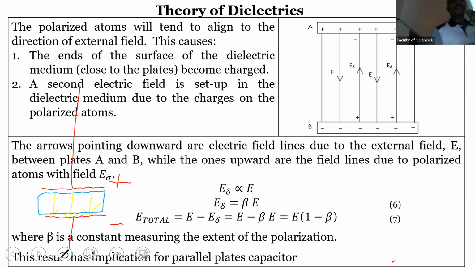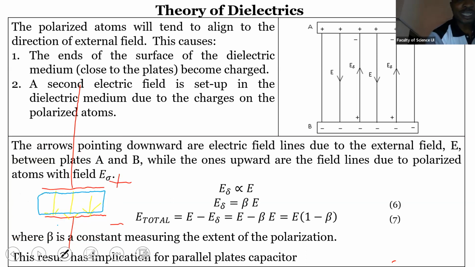You will expect the negative charges to move upwards, making the base of that blue insulator relatively positive, because the electrons would have moved from the base upwards towards the positive plate.